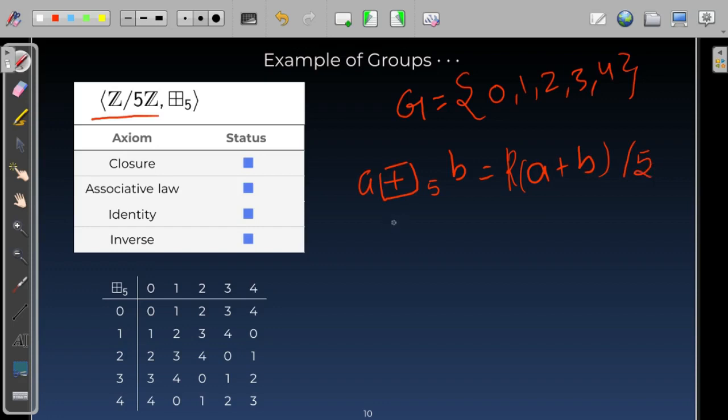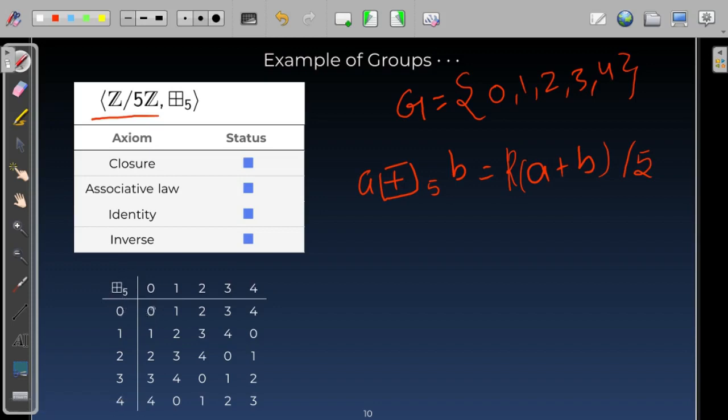Okay, so to demonstrate all these properties, I have included a table here. So we have 0, 1, 2, 3, 4 here and 0, 1, 2, 3, 4 here, and this operation is modulo 5 addition.